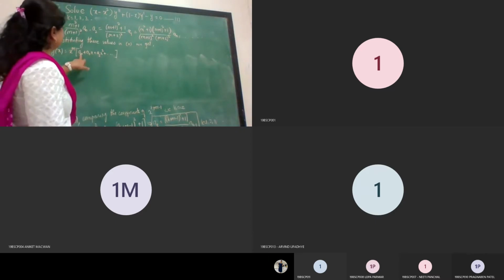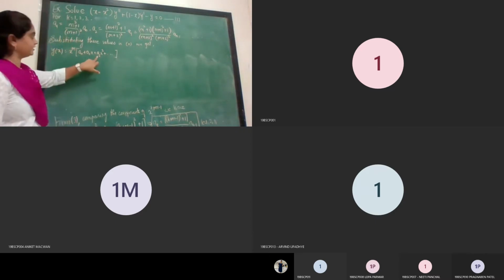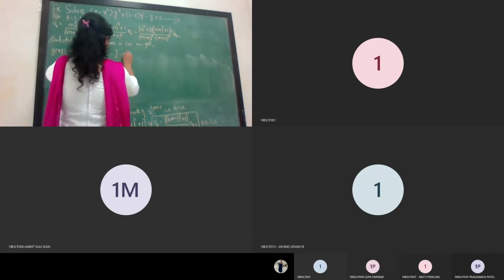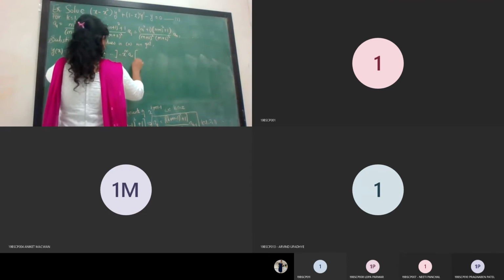Now a0 is already there, a1 is dependent on a0, a2 is also dependent on a0, so I am considering a0 common. So here I have x raised to m into a0.